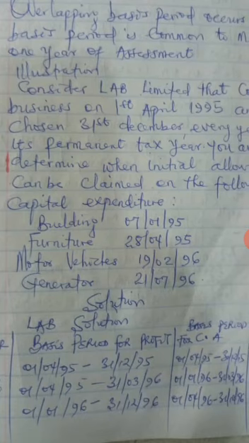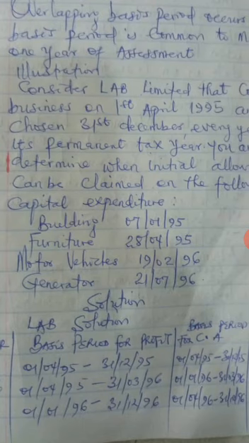So I said, point to note, in respect of assets acquired before the date of commencement of business, the general rule is that where an asset is purchased before the date of commencement, and there is proof that the first use to which the asset will be put will be for the purpose of the business, they are deemed to have been acquired on the first day of the business.